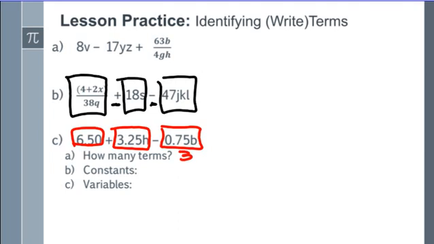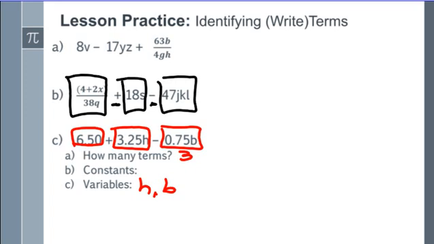Now, what are our constants? What are all of our letters? I have an H and I have a B. Actually, those are my variables, sorry. My variables are H and B. My constants are all my numbers.